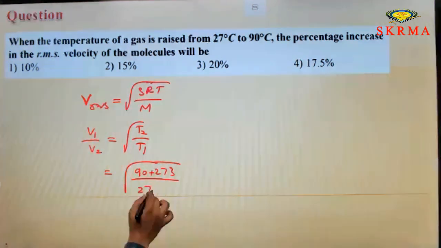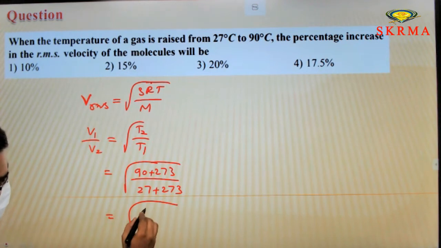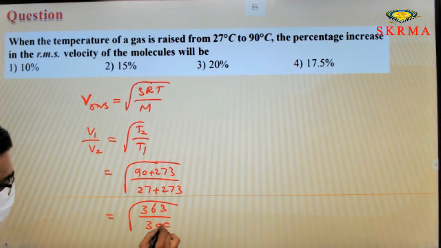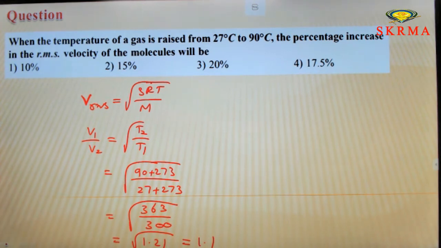Initial is 27 plus 273. So square root of 360 by 300, which is 1.21, that equals 1.1.